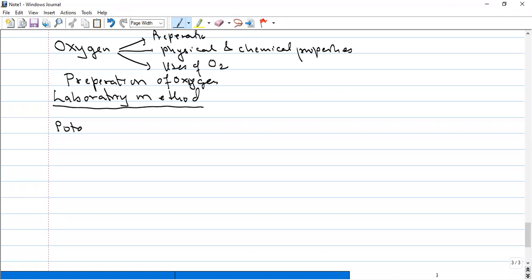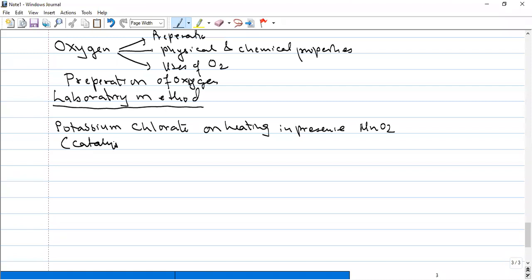Potassium chlorate on heating in presence of MnO2 as a catalyst gives oxygen gas.